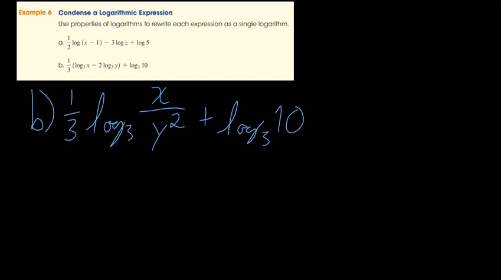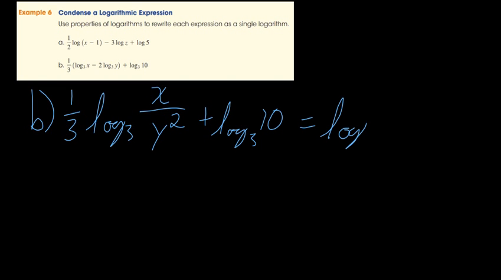I'm going to make this a little smaller so I can put it off to the right here. Log base 3 of 10. That's going to be equal to the log base 3 of (x over y squared) to the 1/3, plus log base 3 of 10.